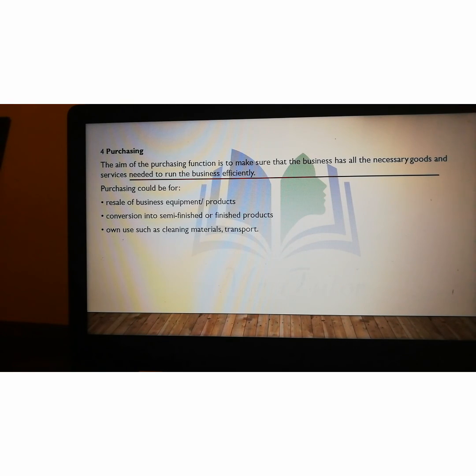Now the second part of purchasing, or these are the different reasons basically for purchasing: conversion into finished products. So for example, Nike would say, since this equipment is now working, we bought new equipment, it's functioning. Now we want to ensure that with this equipment that we bought, we are able to turn the semi-finished product into a finished one.